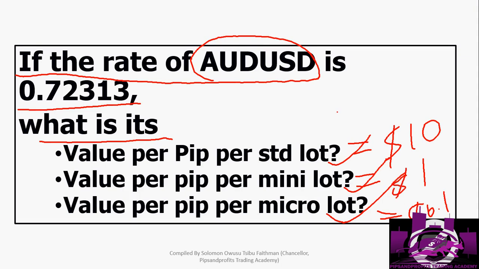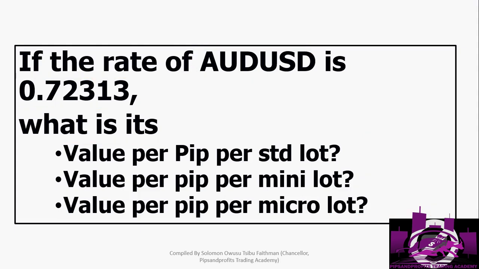So that is going to be the answer. Having said that, what does that mean? In conclusion, it means that when you are trading any pair, and the US dollar is the quote, that is, let's say, Euro USD.